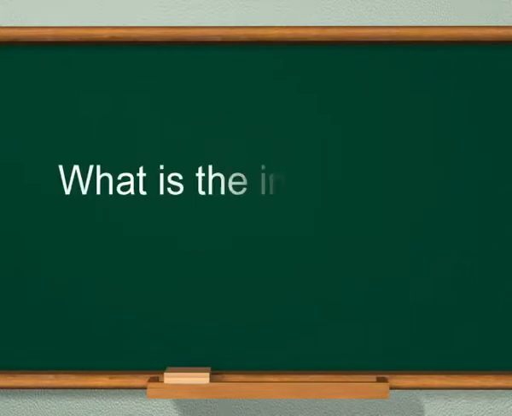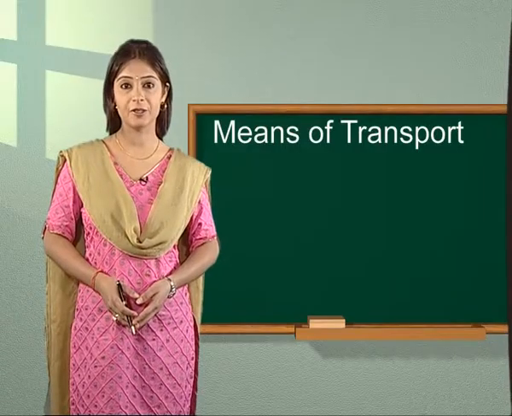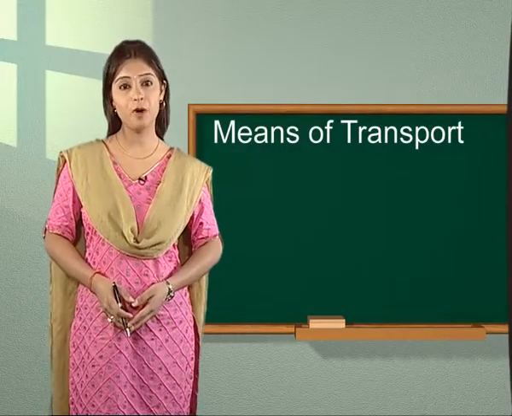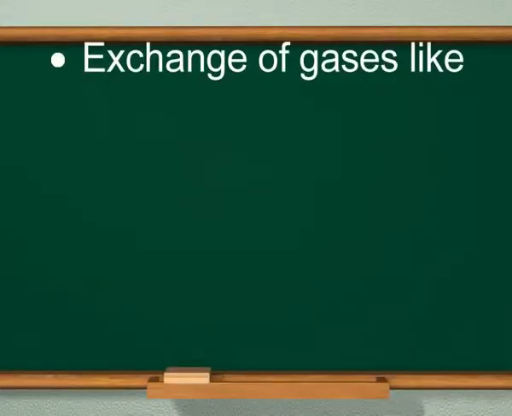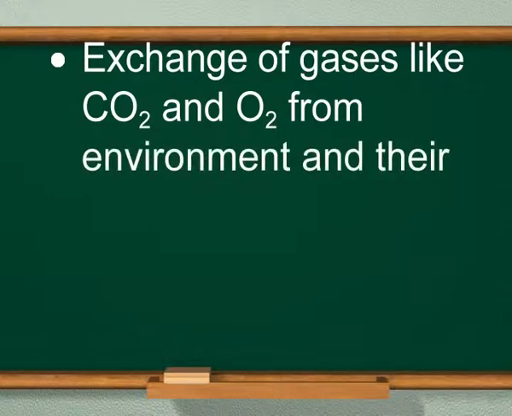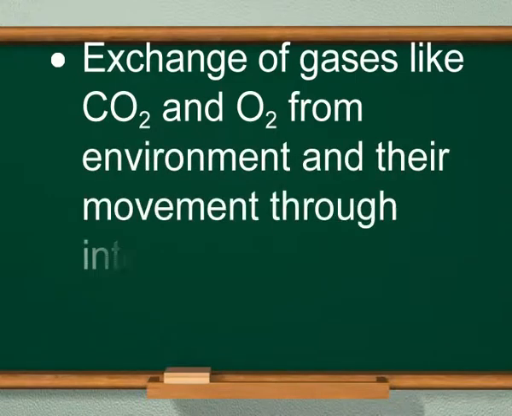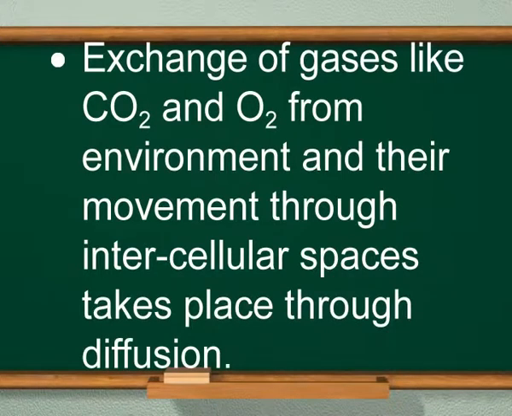My next question is, what is the importance of process of diffusion? Answer. Diffusion is an important process because exchange of gases like carbon dioxide and oxygen from environment and their movement through intercellular spaces takes place through diffusion.